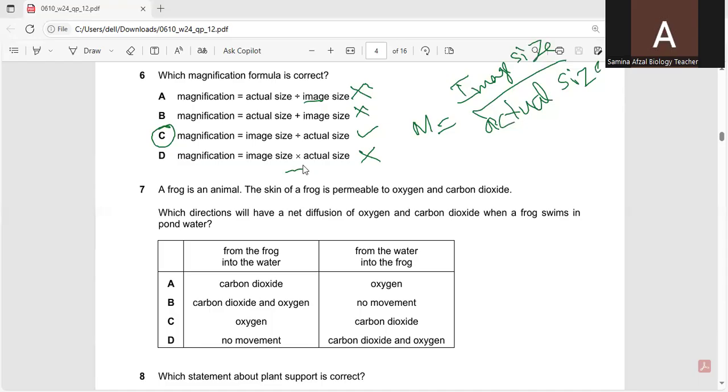Now question number 7. A frog is an animal. The skin of a frog is permeable to oxygen and carbon dioxide. Which directions will have a net diffusion of oxygen and carbon dioxide when a frog swims in pond water?